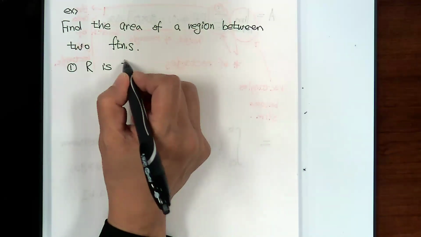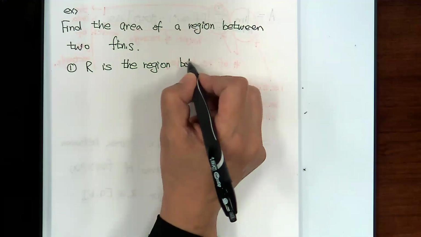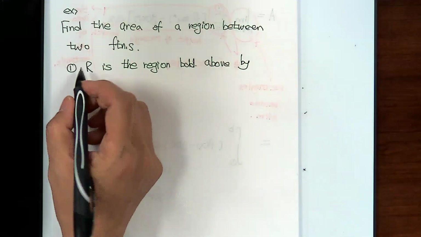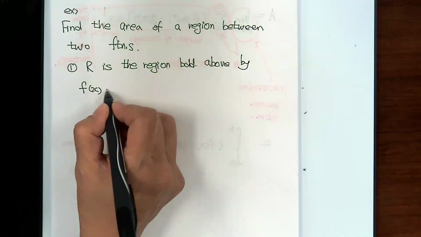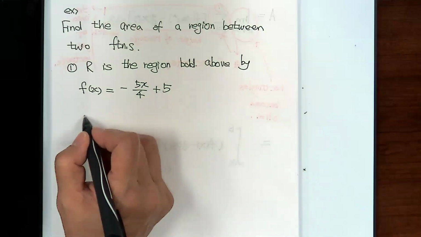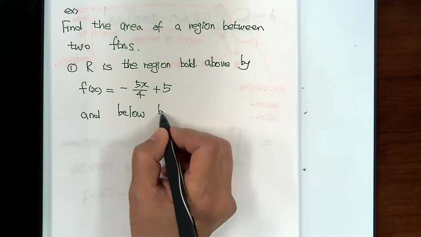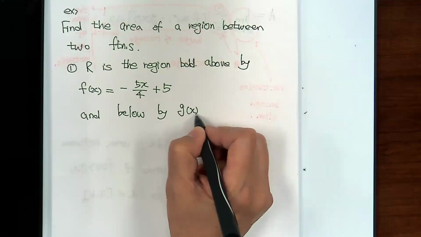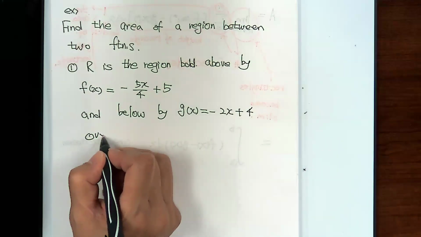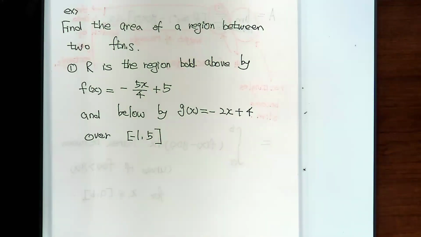R is the region bounded above by f of x equals minus 5x over 4 plus 5, and below by g of x equals minus 2x plus 4, over the closed interval minus 1 to 5.